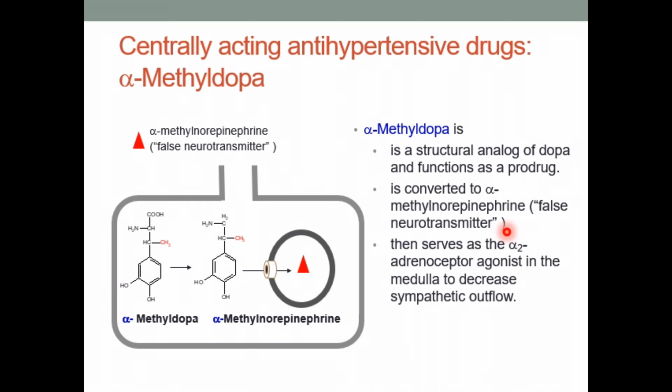It's almost similar to norepinephrine or noradrenaline, except that it has a methyl group. So it will also bind to the alpha 2 receptor and act as an agonist. And when it binds and acts as an agonist in the medulla, the vasomotor center, it will decrease the sympathetic outflow.